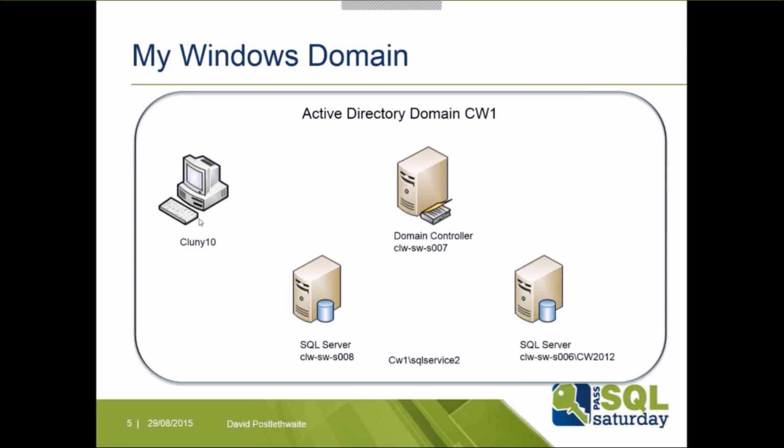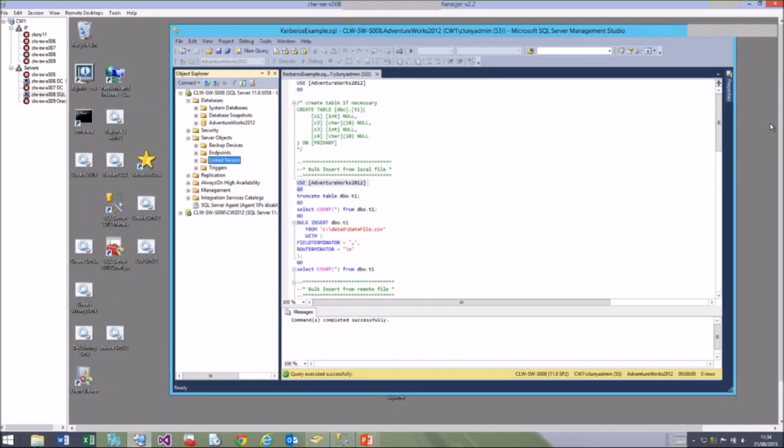Right, so let's flip over to our server S008. So here I am on my remote server called S008. I'm connected in Management Studio, and you can see that we have a database called AdventureWorks. I've created a little table called T1 for this little experiment, nothing particularly clever.